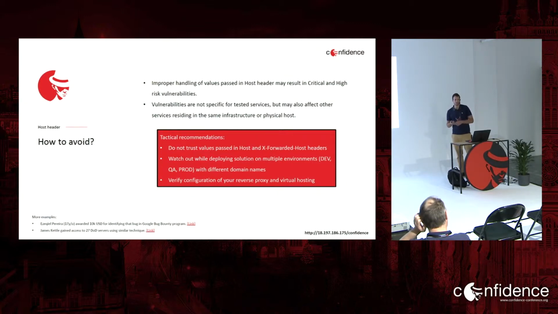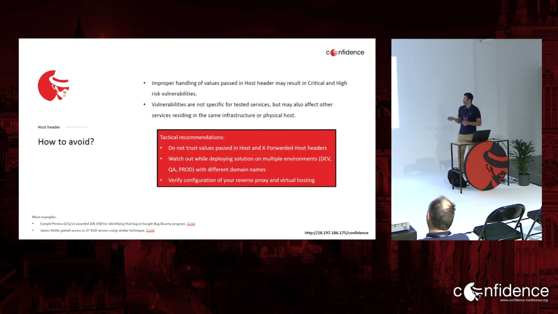What's very important is that these vulnerabilities are not specific to tested services, because in the end they may also result in abusing some internal services and some other applications residing on the same host. So, for example, if you are able to exploit the vulnerability that I mentioned on the previous slide, you are able to get access to some other applications and not only to the tested one.